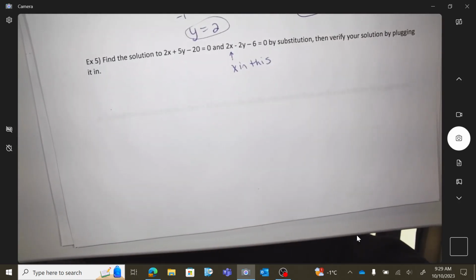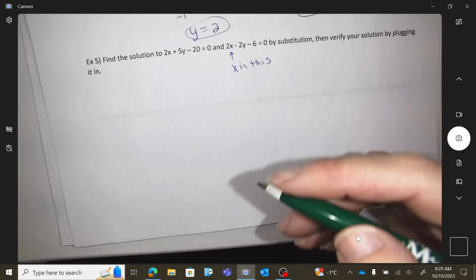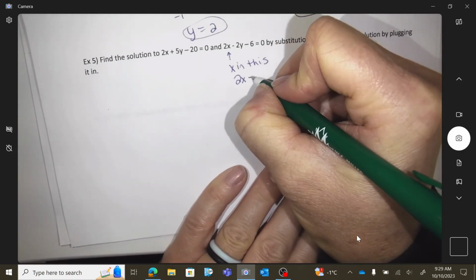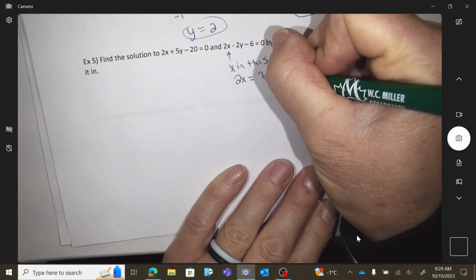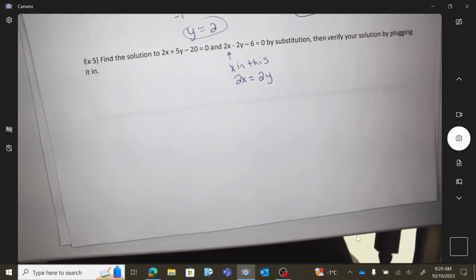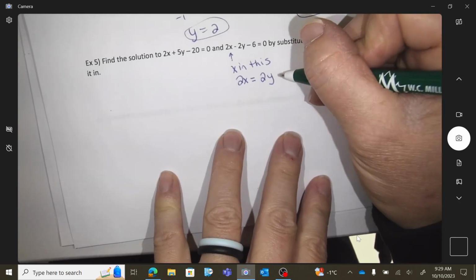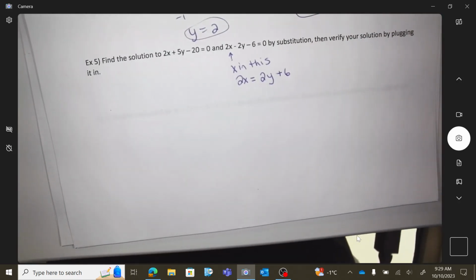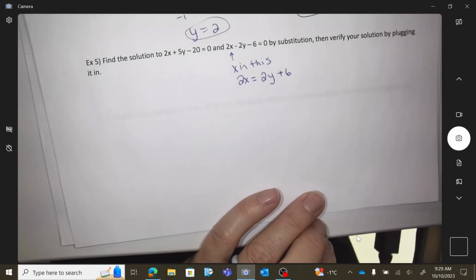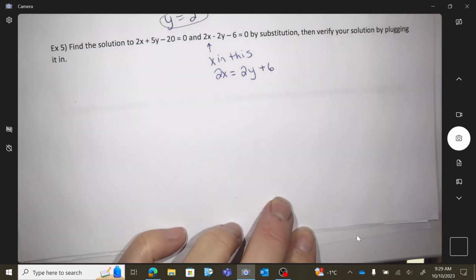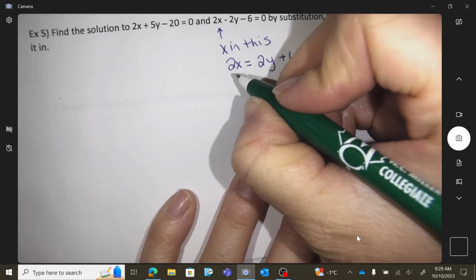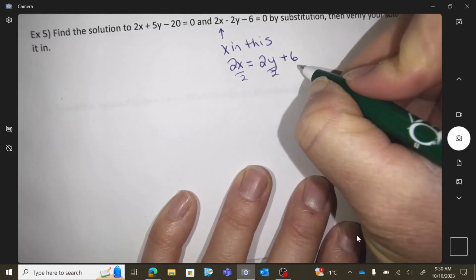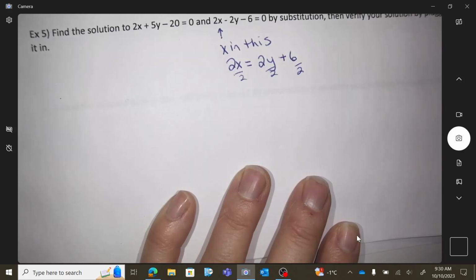Okay, so that's my goal. I'm going to get x alone. So 2x will stay. The y stuff moves and changes. The number stuff moves and changes. And then I have to divide, but I'm doing it to everything.